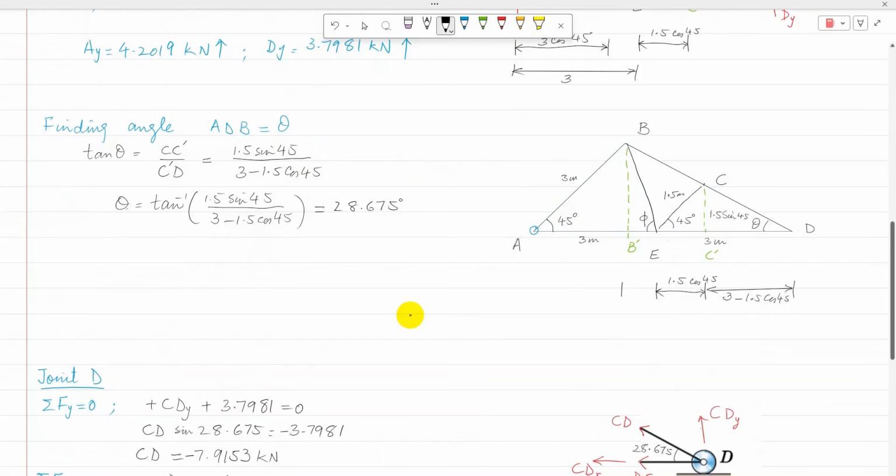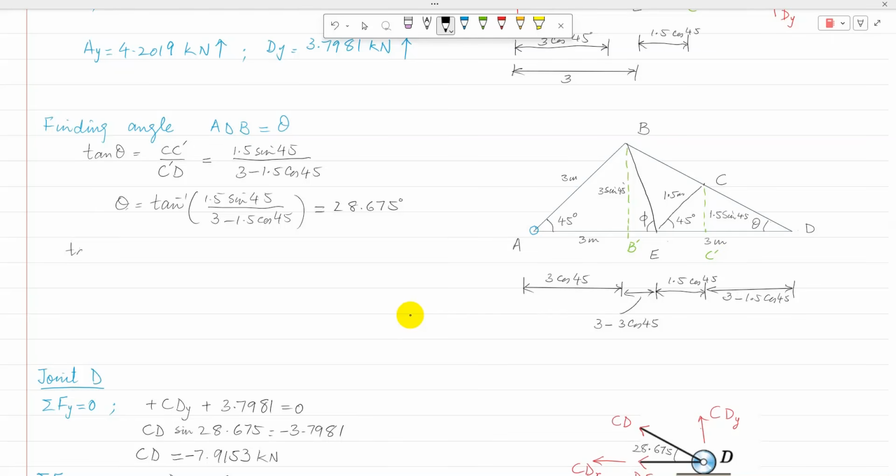So this distance will become simply 3 cosine 45, and this vertical distance will be 3 sine 45. And then the B dash E distance, because AE is 3 meters, is then 3 minus 3 cosine 45.